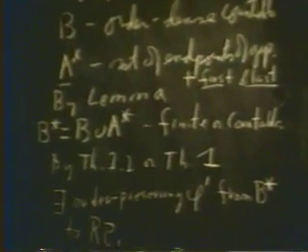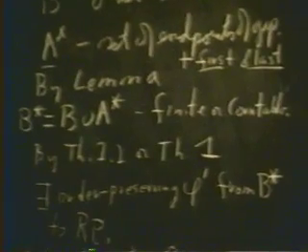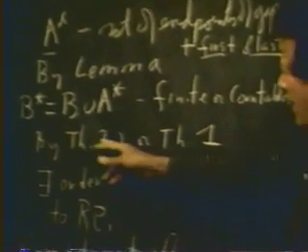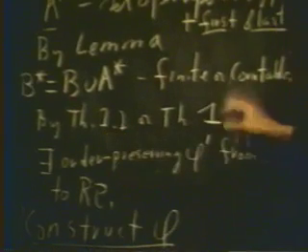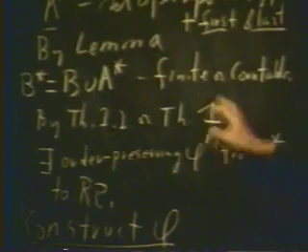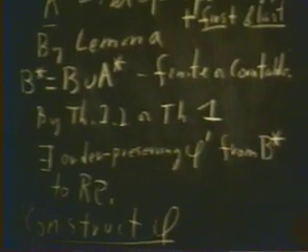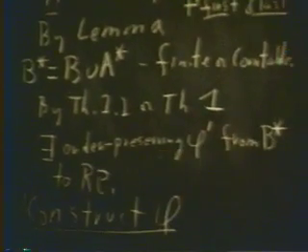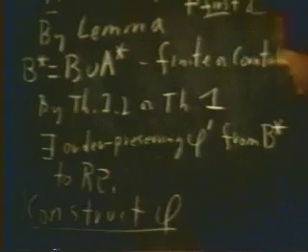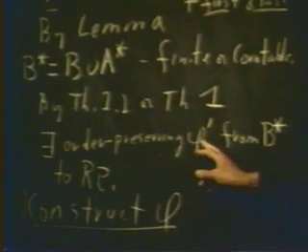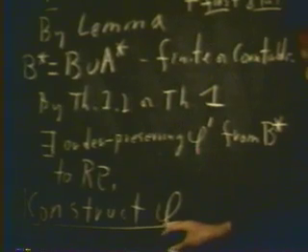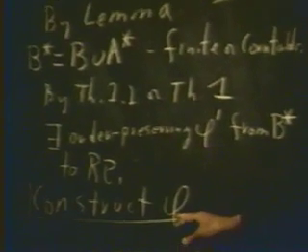Under this countability hypothesis, or finite hypothesis, as the case may be, by theorem 1.1, the first one we proved for the finite case, or theorem 1 of chapter 2 for the countable case, we know at once that there exists an order-preserving numerical function phi prime from B starred to the real numbers. We now want to use that phi prime to construct the full representing function phi.